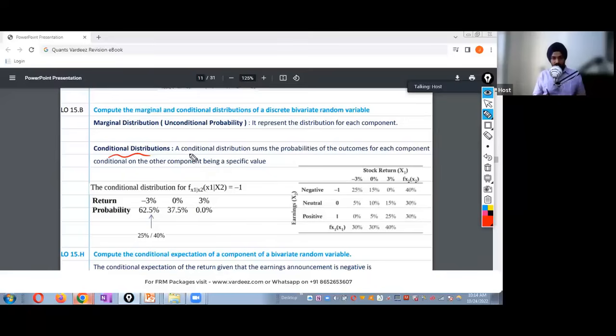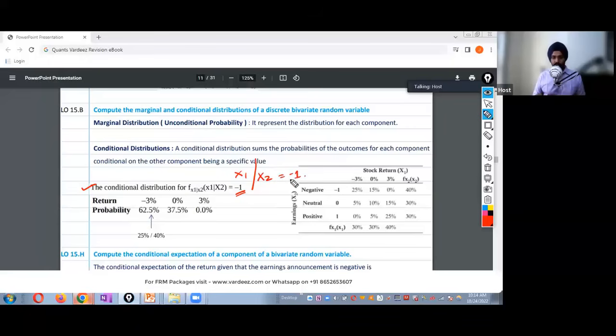A conditional distribution sums the probabilities of outcomes for each component conditional on the other component being a specific value. That means you're given some specific value of the other component and you need to find what is being asked. We want to find the conditional distribution for this random variable, x1 less than or equal to 1, given that x2 is equal to -1.